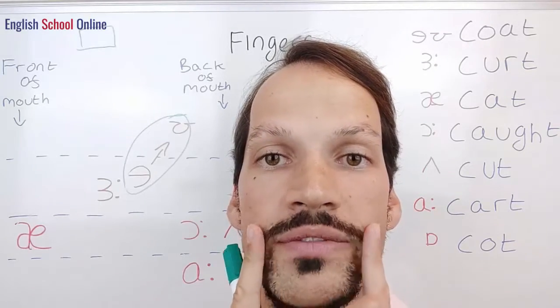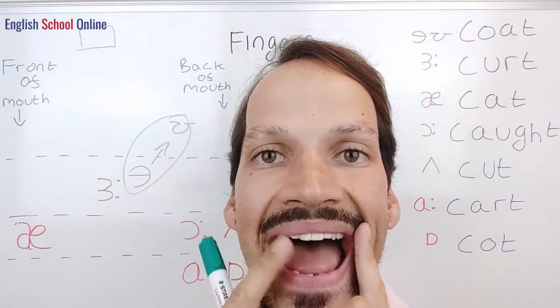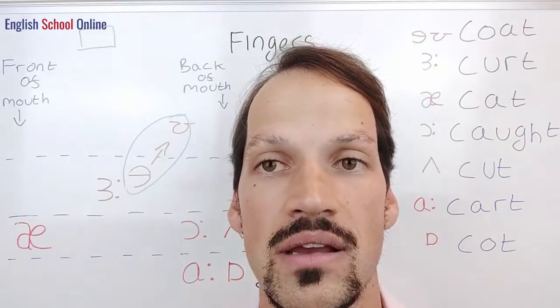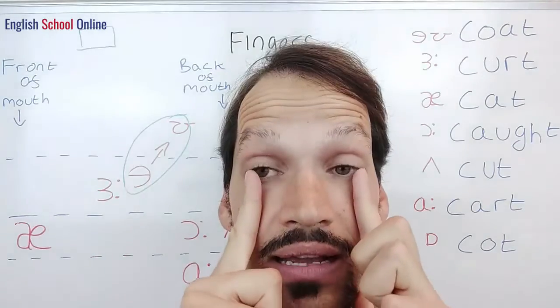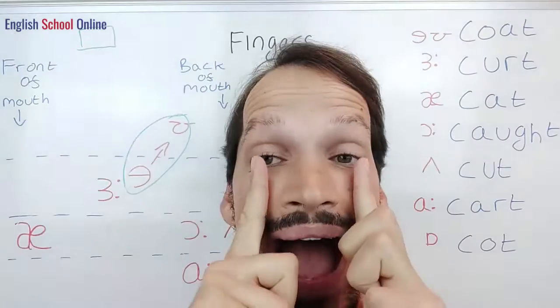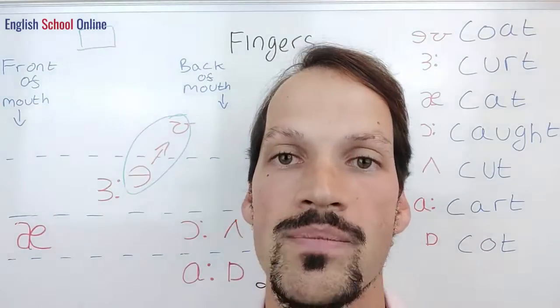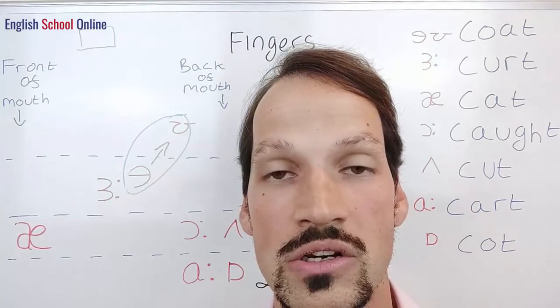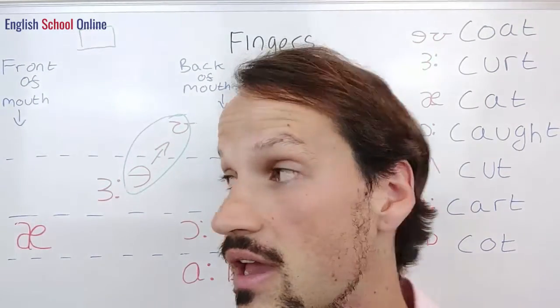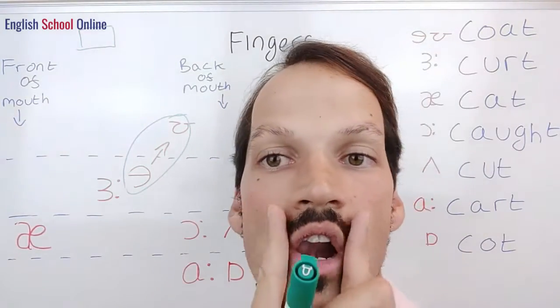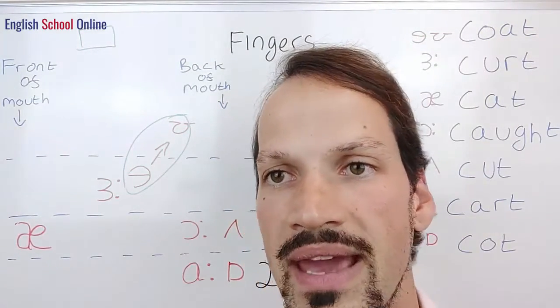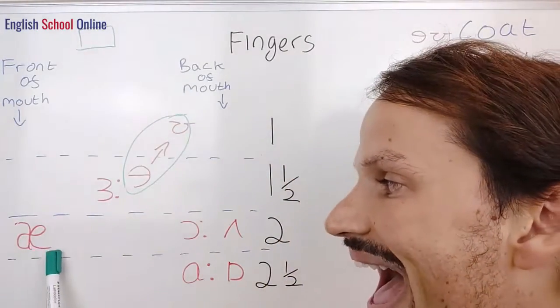My lips are so wide for the a sound that if I had two pens, I'll use my fingers instead, I would be poking myself in the eyes. This is a very critical point to be aware of, because for these two sounds that you see here, my lips are a lot closer in. So this is a.